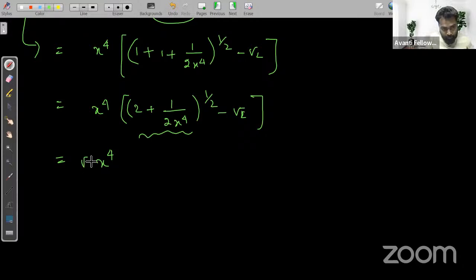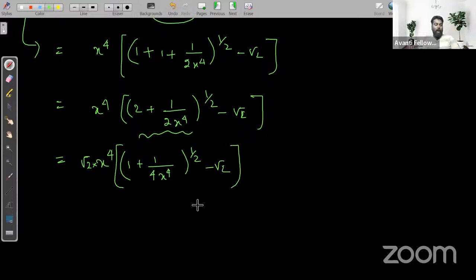So x to the power 4 into root 2, right? So this becomes 1 plus 1 by 4 into x to the power 4 whole to the power half minus root 2. See here. Now we can use the limit.